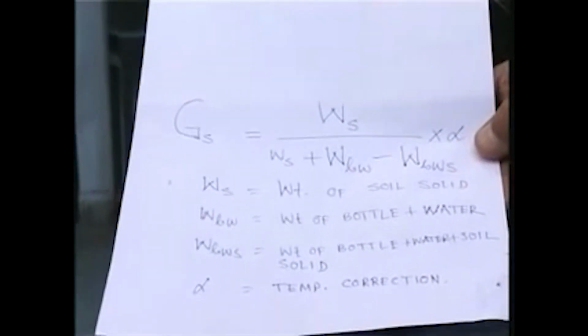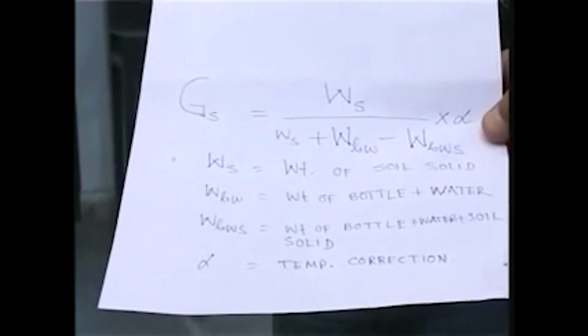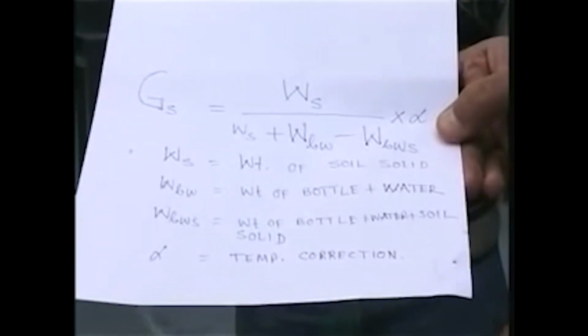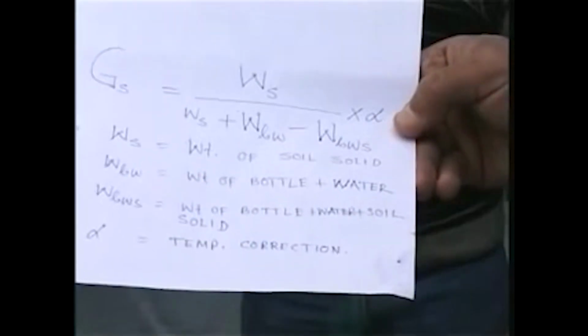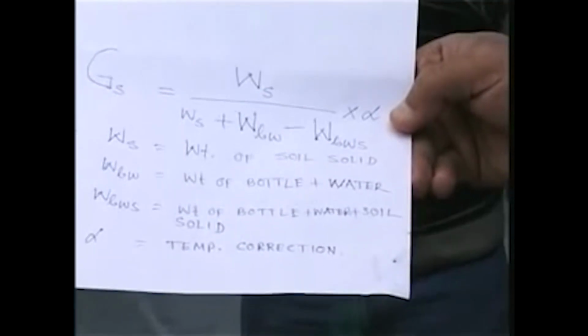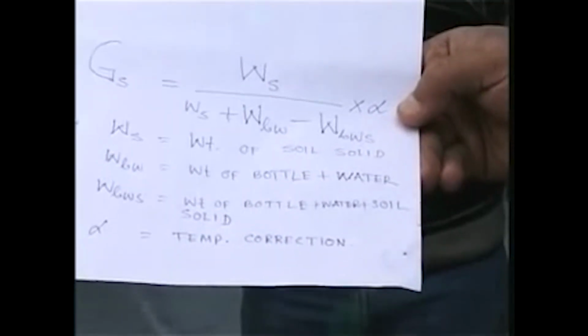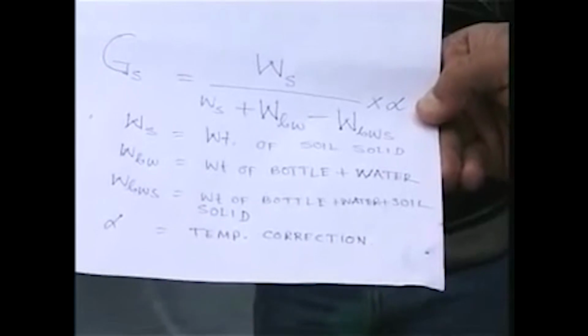This is the equation that we use for finding out the specific gravity of soil solids, which is given by W subscript S divided by W subscript S plus W subscript BW minus W subscript BWS, multiplied by a quantity alpha. The explanation of these different symbols is also there at the bottom.